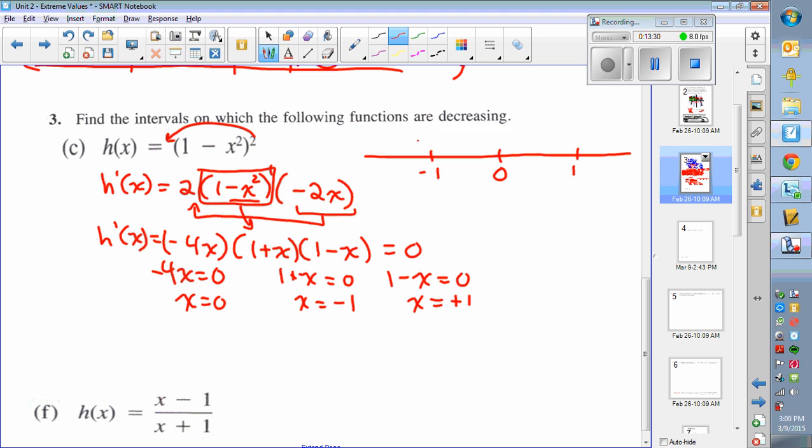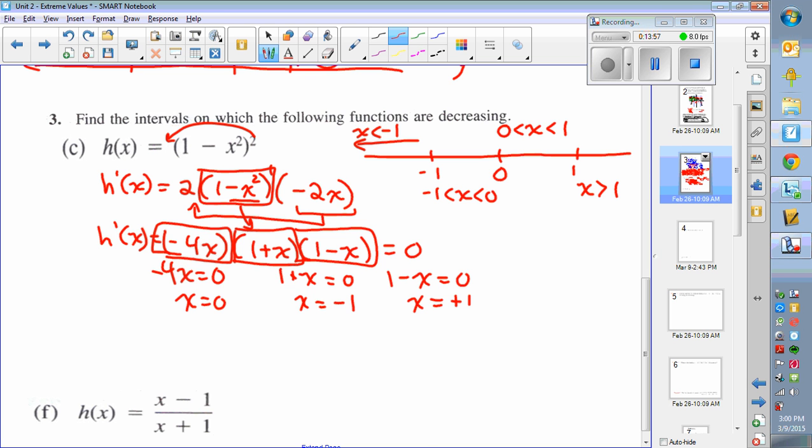I have intervals less than -1. I have intervals between -1 and 0. I have intervals between 0 and 1, and intervals greater than 1. So my 4 intervals I need to test with these 3 factors at the top of my table.